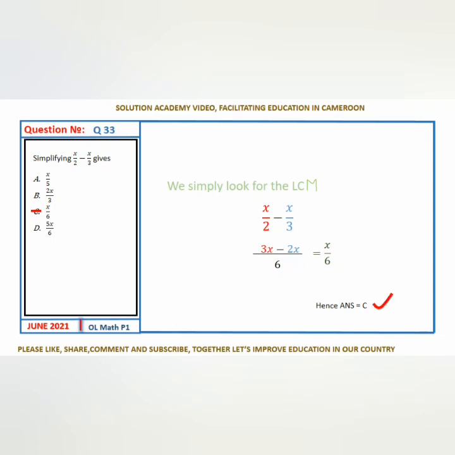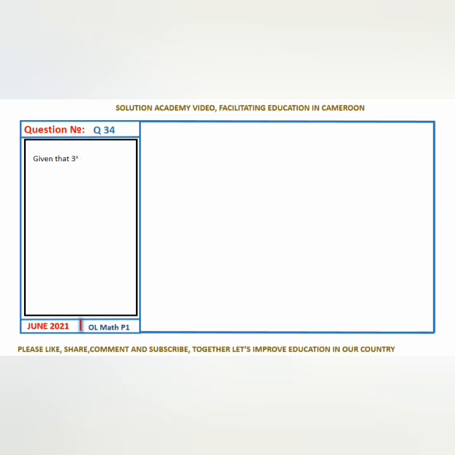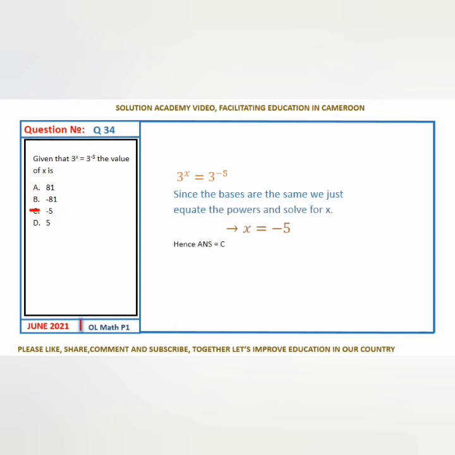Question number 34. Given that 3 raised to the power x equals 3 raised to the power minus 5, the value of x is. Now you have to see that the bases are the same, and generally under the topic indices, whenever the bases are the same, we equate the powers and solve for the unknown.